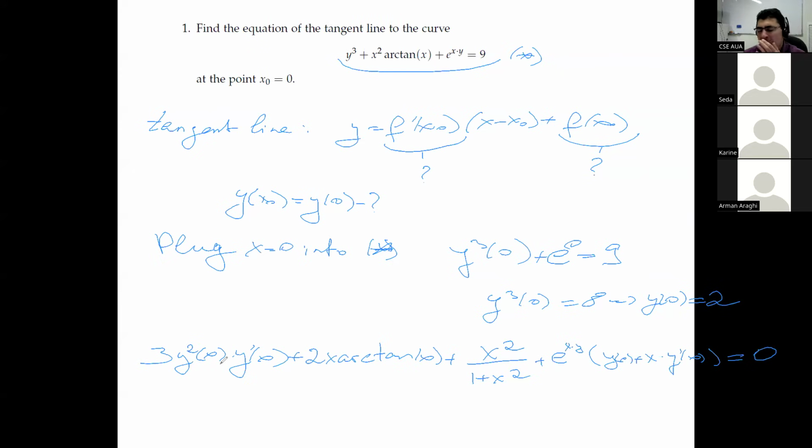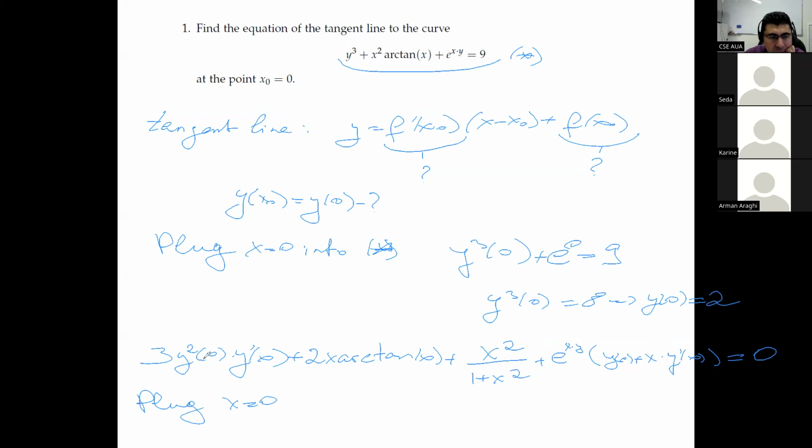Plug x equals 0. What will we get? We'll get 3 times y squared. y(0) we just calculated, it is 2.